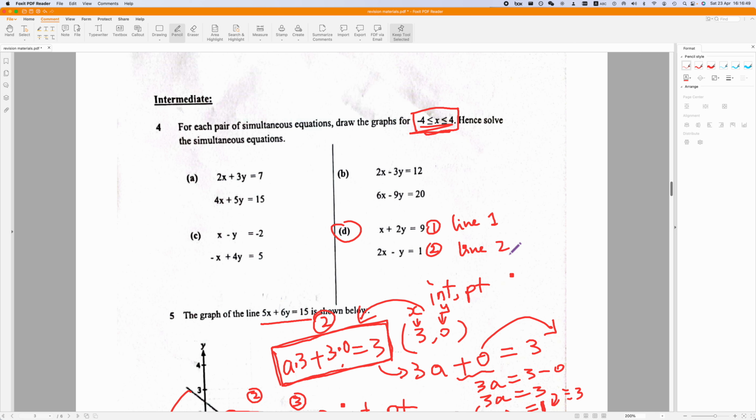One line is given by one table, right? So line 2 is given by another table. So this table is given by line what? Line 1. Yes. So you write line 1 on top.